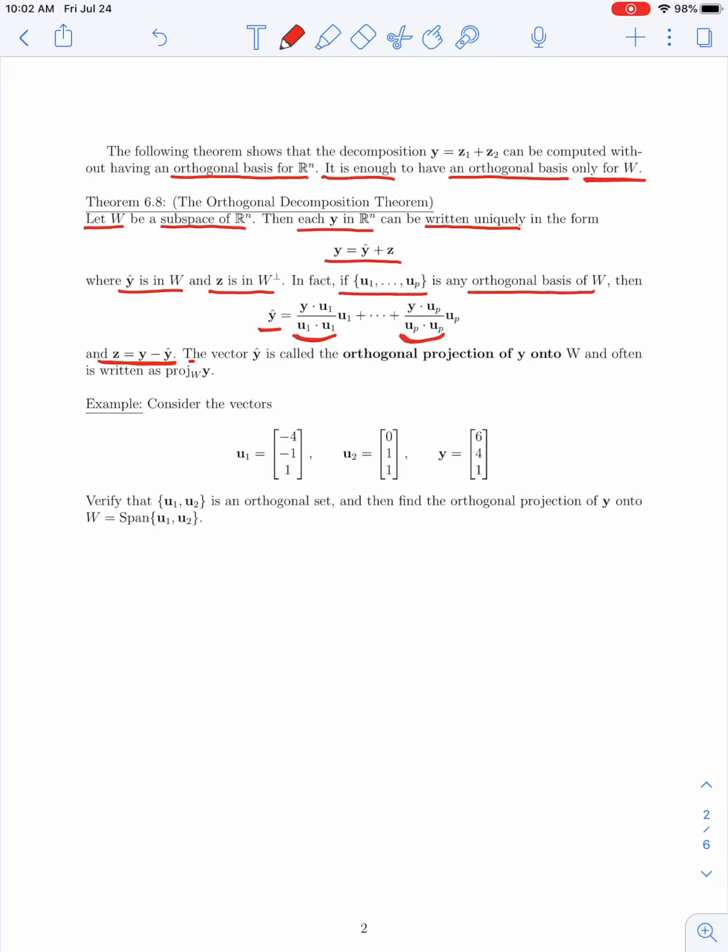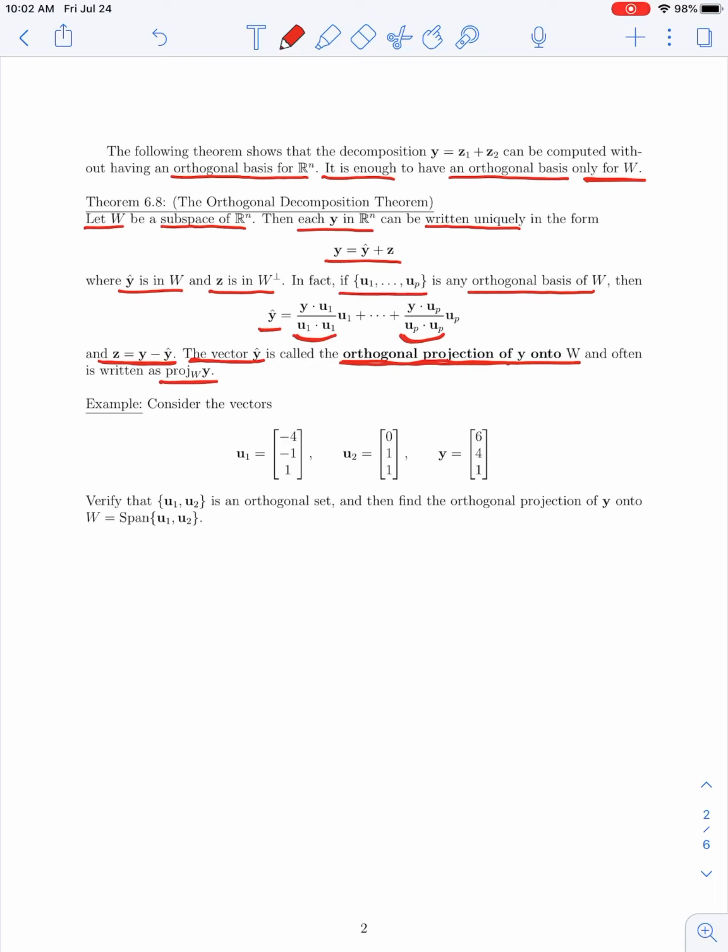This vector y hat, which we're talking about, is referred to as the orthogonal projection of y onto the subspace W, and it's written as the projection of y onto the subspace W. So let's look at an example of this.